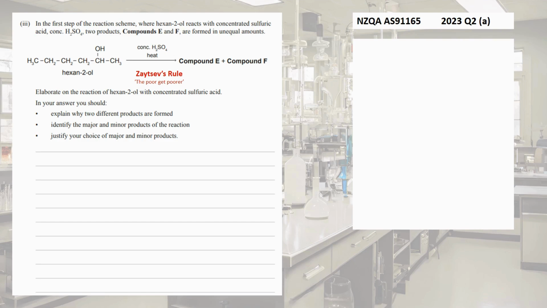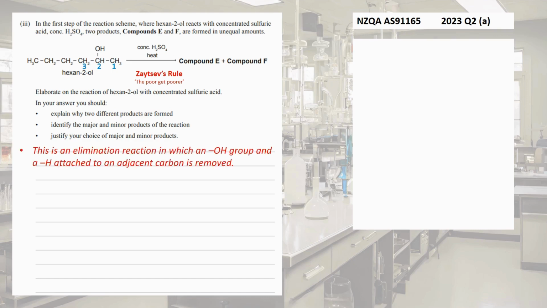We can see here that we have the OH off the second carbon, and we can take the hydrogen either off the first carbon or the third carbon. Noticing that the third carbon is the one with the fewest hydrogens adjacent to the carbon with the functional group, and the first carbon is the one with the most hydrogens adjacent to the carbon with the functional group.